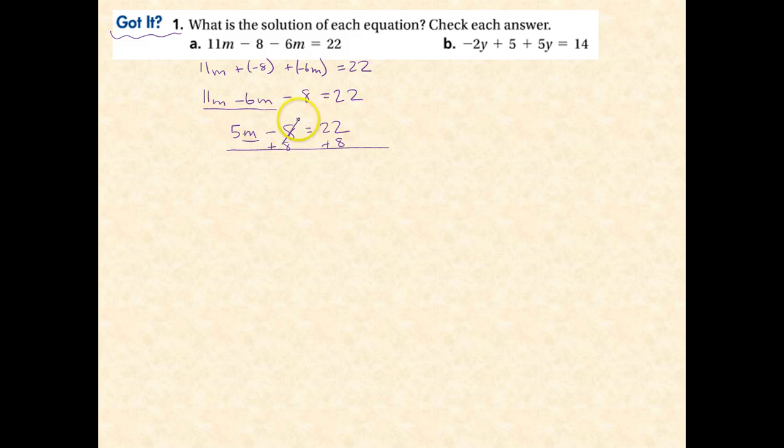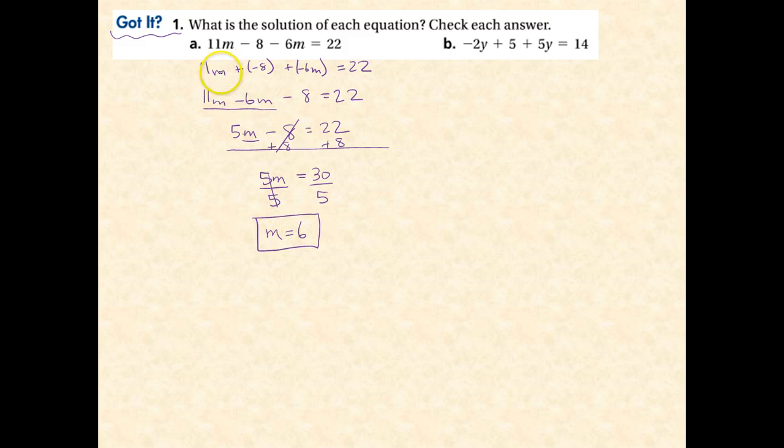Negative 8 plus 8 is 0. So I just got 5m over here. 22 plus 8 is 30. And then to get m by itself, all I need to do is divide both sides by 5. And I get m equals 6.